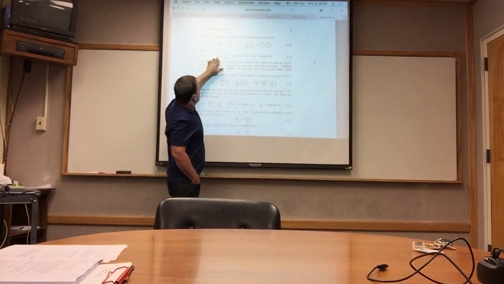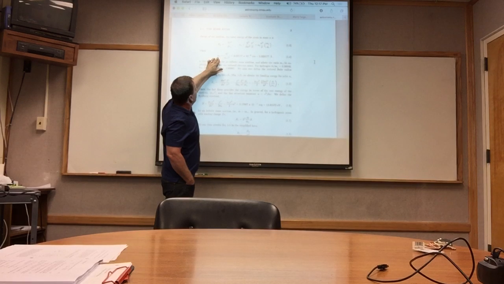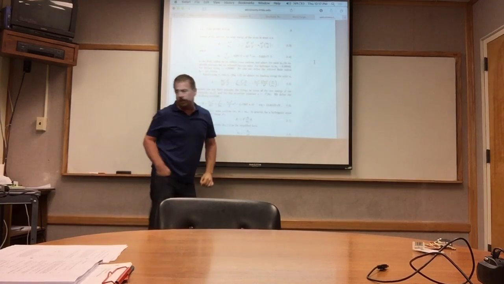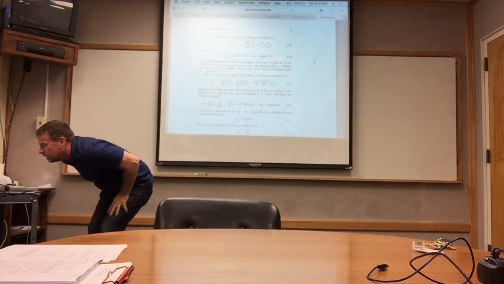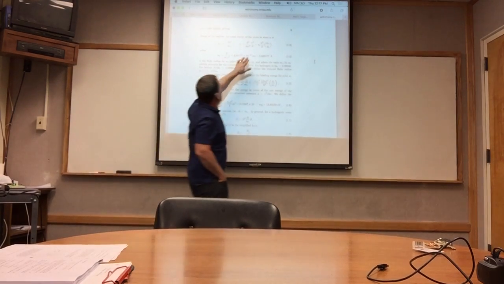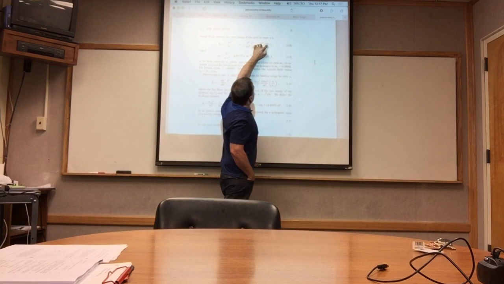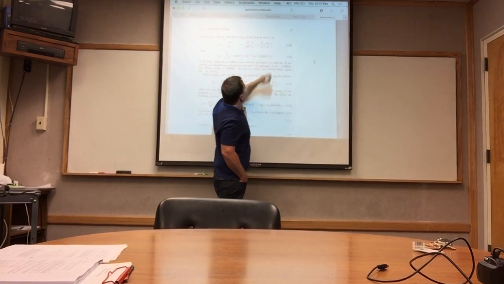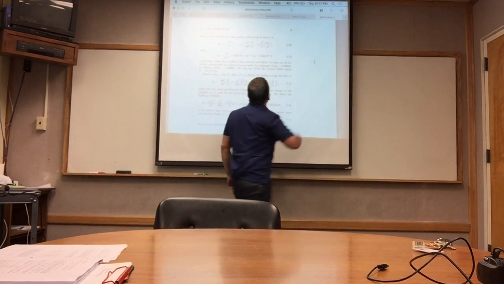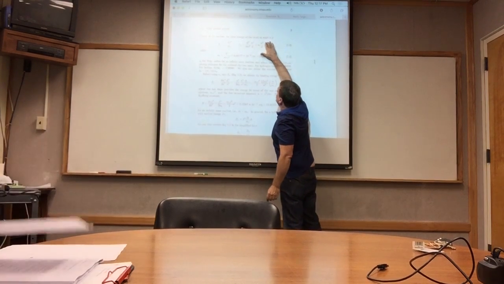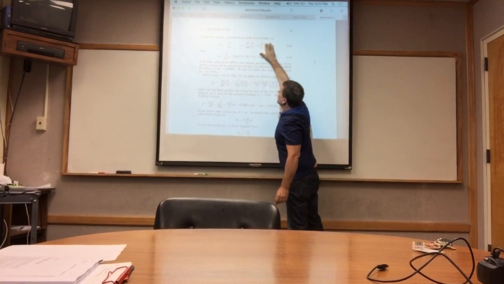So this Bohr radius, n squared, Bohr radius n squared over Z, and then this is just correcting for the reduced mass of the electron. If you did the infinite mass, then this ratio is 1, and that would be what you get.